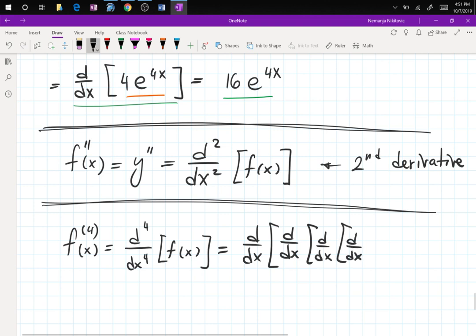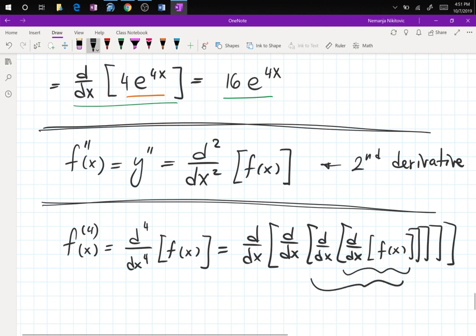That's 1, 2, 3, 4, right, for the fourth derivative. And then you have finally your f of x, and then you have to close all of these brackets. So here's your first derivative, second derivative, third, and the fourth as you go from inside out. You got one too many brackets.